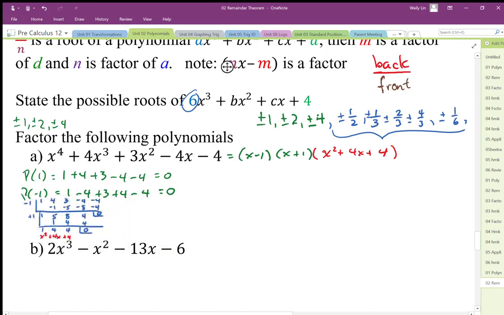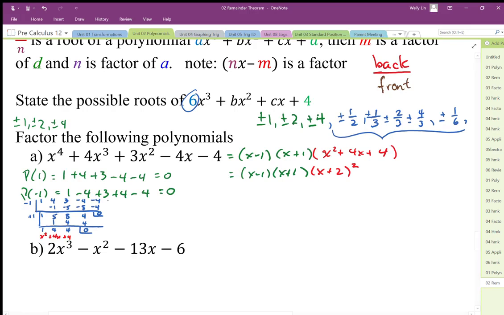Okay, so I'm going to factor this again. So this becomes x minus 1, x plus 1, and I know this is going to factor into x plus 2 times x plus 2, or x plus 2 squared. Okay, so there's my factored form of this fourth degree polynomial. Now, I've figured out how to factor these polynomials.